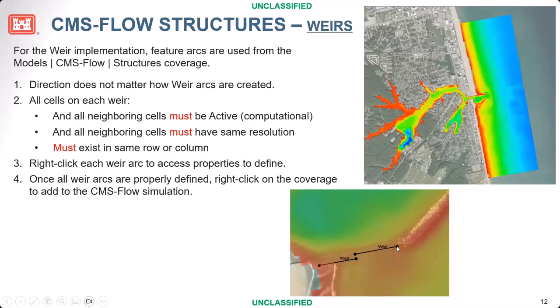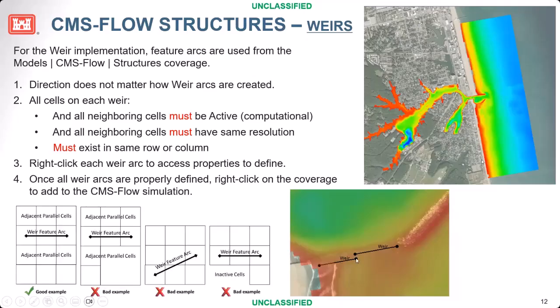And because we can't cross a row, we actually have to have 2 separate weirs. And then the common point is right here in the middle, and they are separated with different rows. A little bit of guidance diagram here for what is allowable and what's not, and some reasons why.